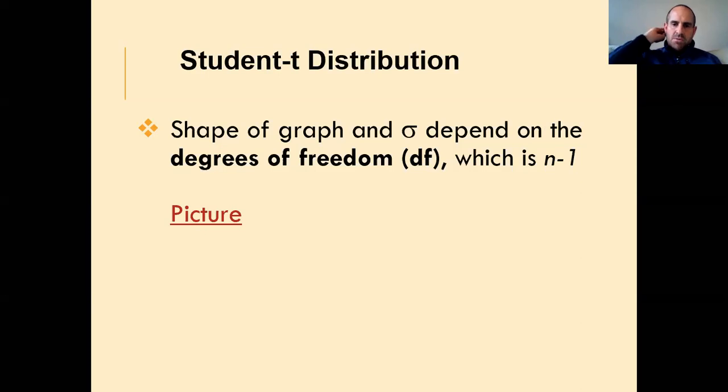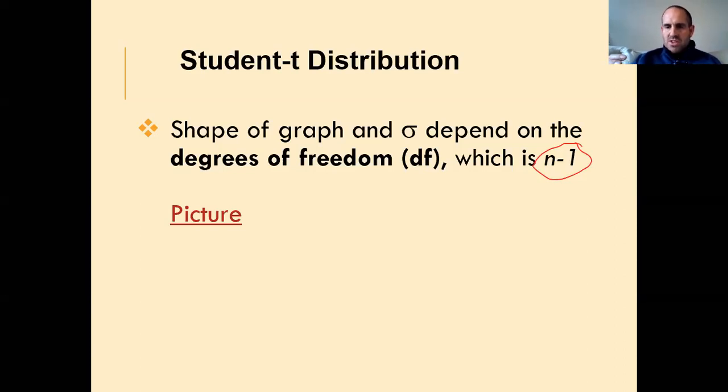But the key concept here is something called the degrees of freedom. I'm not going to get into the specifics of why it's called degrees of freedom per se, but it's always one less than the sample size. So the number of degrees of freedom is one less than the sample size. Once you know the degrees of freedom, you know the shape of the corresponding student t distribution.